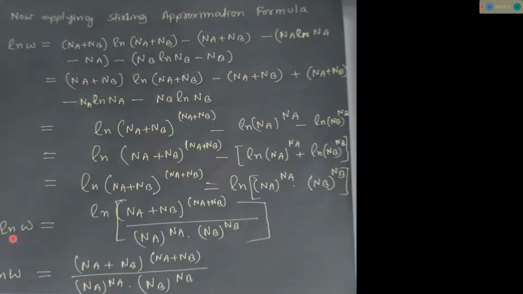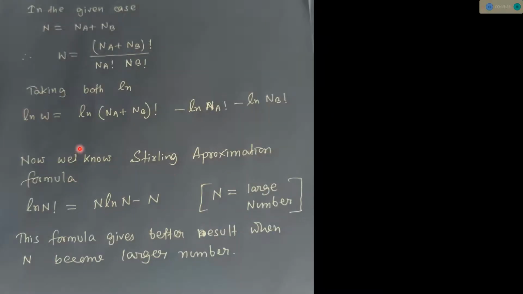Now if we cancel ln on both sides, then W is equal to Na plus Nb to the power Na plus Nb upon Na to the power Na into Nb to the power Nb. This is just a mathematical calculation. In the previous case, we used the Stirling approximation formula in these three cases.